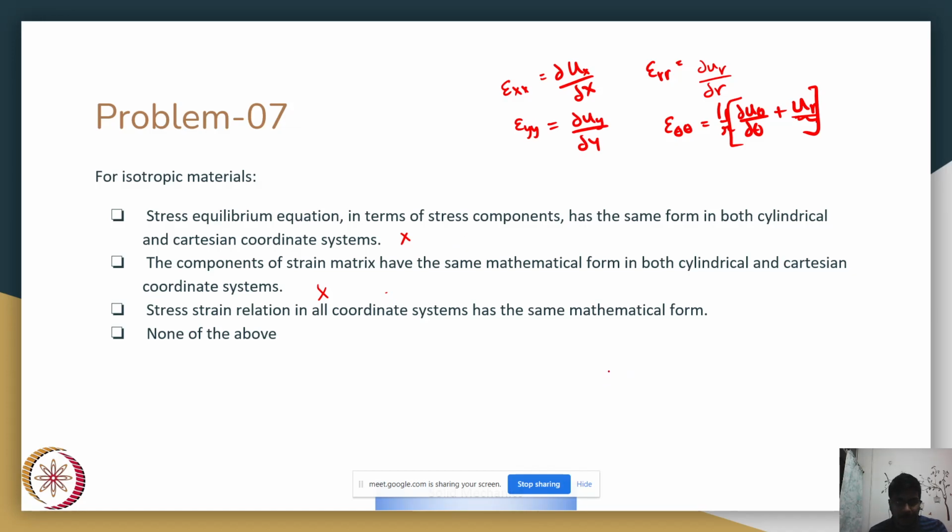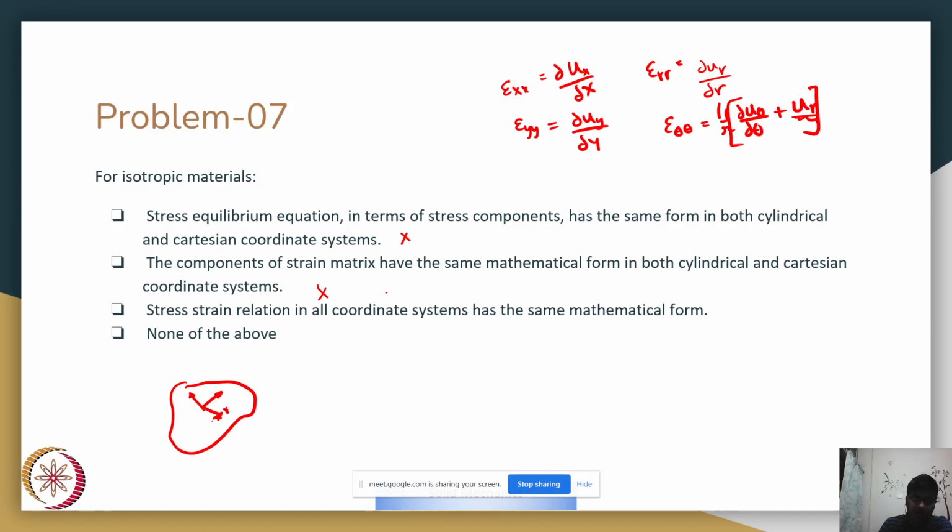The third option is stress strain relation in all coordinate systems has the same mathematical form. Is this true? True. Correct. So for isotropic materials, I'll just digress a bit. For isotropic material, the directions do not matter.